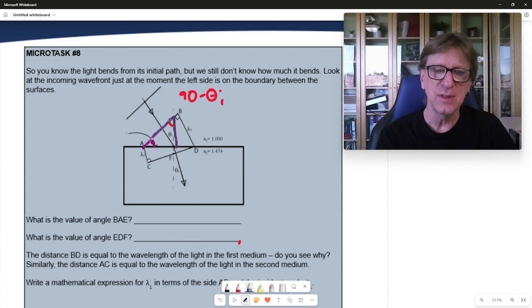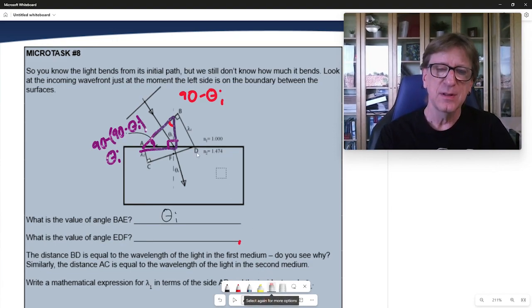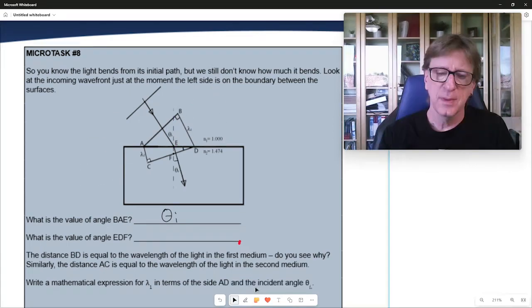All right, now using that, so we know that this angle is 90 minus theta I. What then must be this angle that we're actually interested in, this one right here? Here's my triangle now that I'm going to look at. This is a right angle because it's perpendicular. So this one must be 90 minus theta I, or just theta I. So that angle is theta I. If you don't follow that, go step back through the triangles and let's make sure that you do.